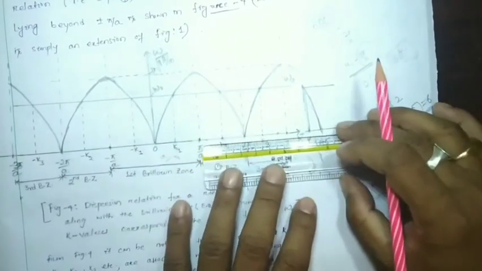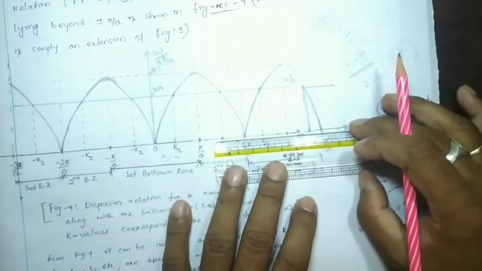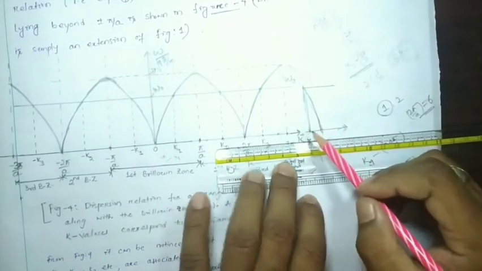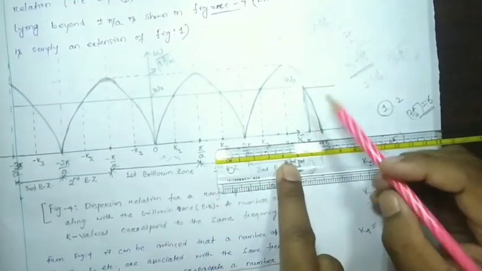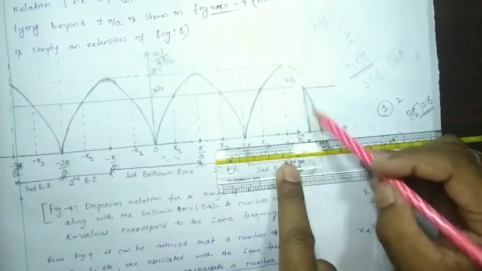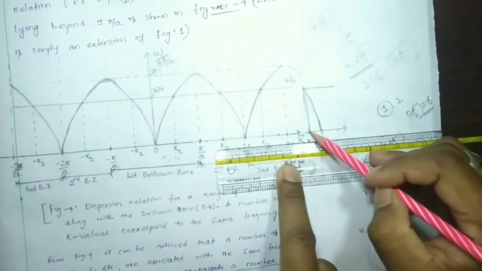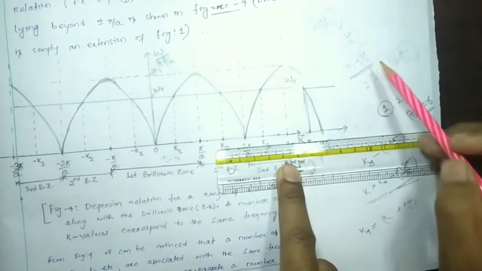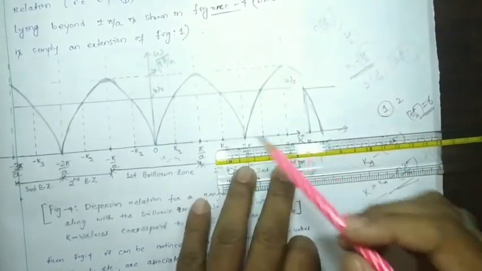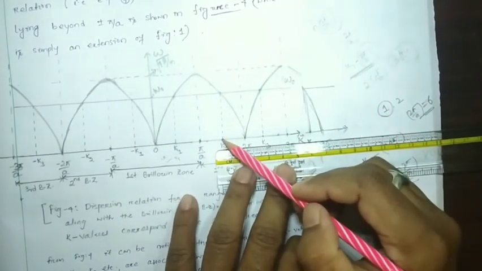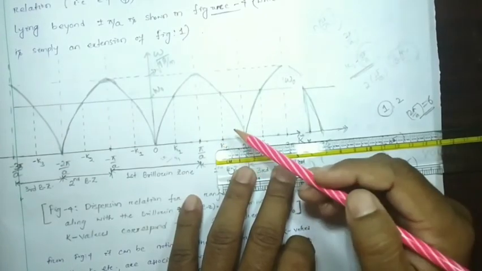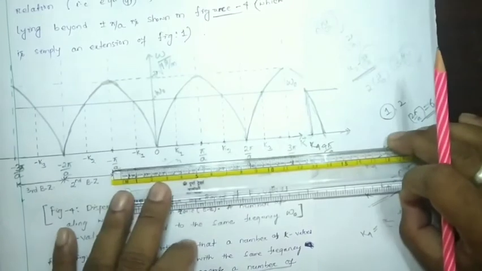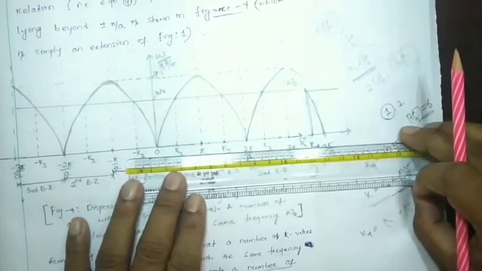Okay. Now if I subtract, then where do I have to reach? From K4, when I subtract one 2 pi by a, I will be at K2. But K2 is the second Brillouin zone, which we do not require. Then I have to subtract the next 6.